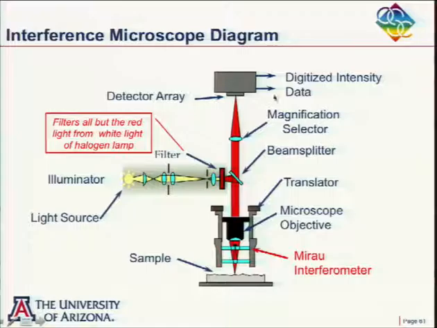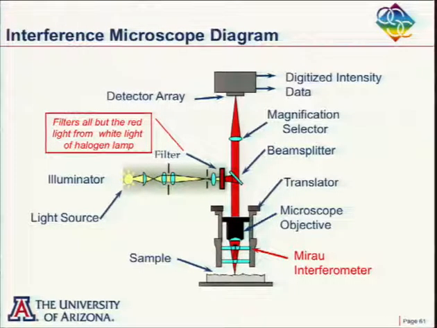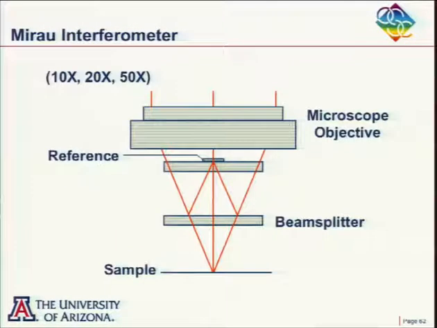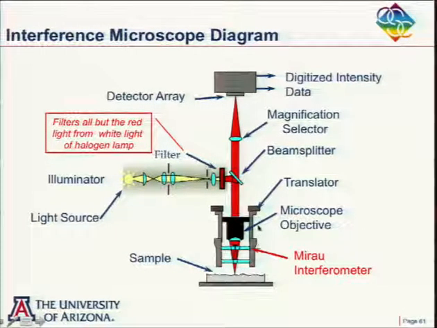And nowadays, with a computer connected up to this, you can have an autofocus that looks for fringes, and so you can find the focus automatically. The other thing that sometimes you do is put a hard stop in here, so this cannot move down too far to hit the sample.